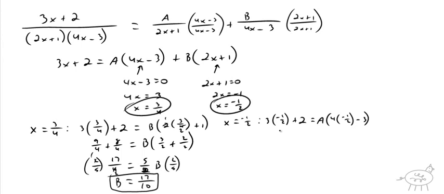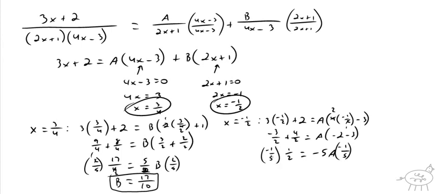So 3 times -1/2 is -3/2 plus 4/2 equals a, and this cancels nicely to 2 and a 1, so we actually get -2 minus 3. So that gives us -3/2 plus 4/2 is 1/2 equals -5a, and multiplied by -1/5, we get a equals -1/10.